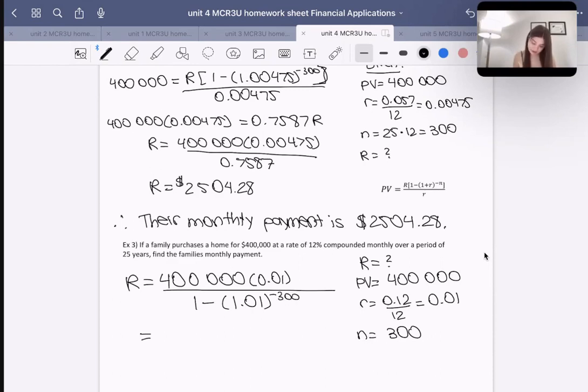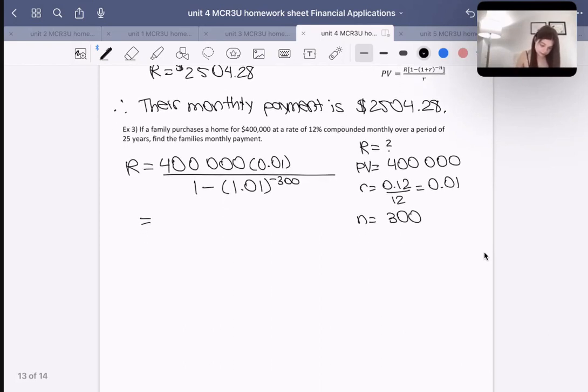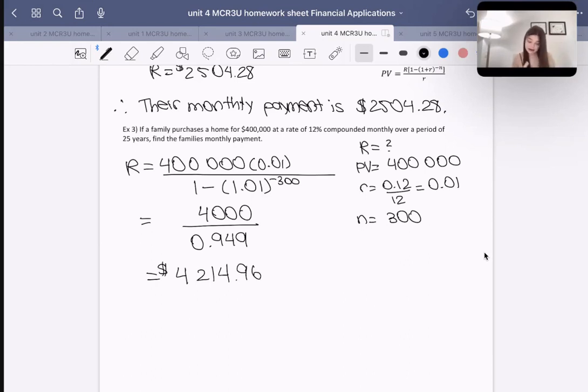And then let's solve and find out what that is. So 1.01 to the power of negative 300 is that minus 1. Okay, so that's going to be 0.949 over 400,000 times 0.01, that's going to be $4,214.96, which is a lot more money than before.